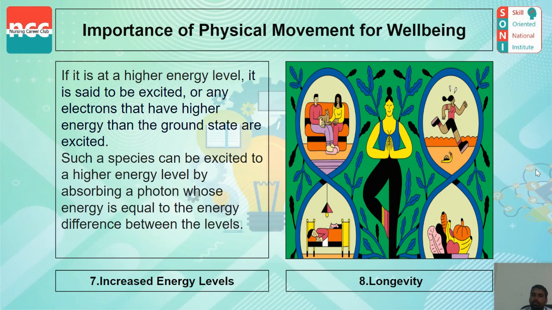Like the electrons are excited when the electricity flows via the wires, then there will be an excitement state.